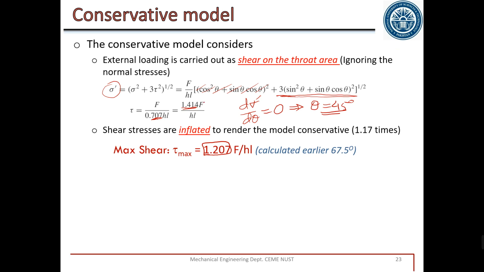It is also easy to remember: f divided by h l sine 45 degrees. So the factor of safety is 1.17, or 17% extra. Our model is more conservative than the maximum shear stress model.